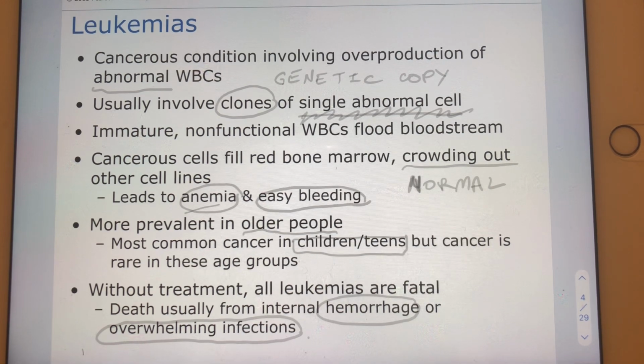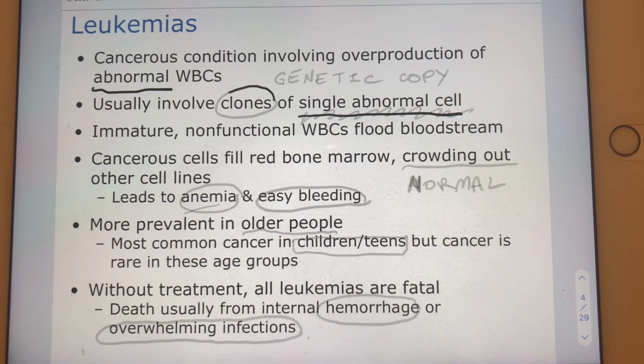But just because a patient exhibits leukocytosis doesn't necessarily mean that they have leukemia. Leukocytosis doesn't necessarily equate to an excess of abnormal leukocytes. And leukemias will often involve the cloning of an abnormal origin or an abnormal parent cell.